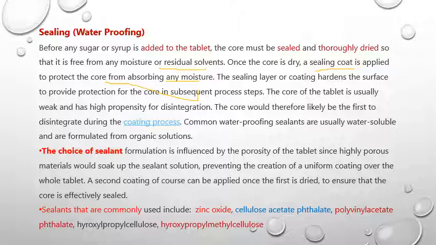The sealing layer or coating hardens the surface to provide protection for the core in subsequent process steps. The core of a tablet is usually weak and has a high propensity for disintegration. The core would therefore likely be the first to disintegrate during the coating process.